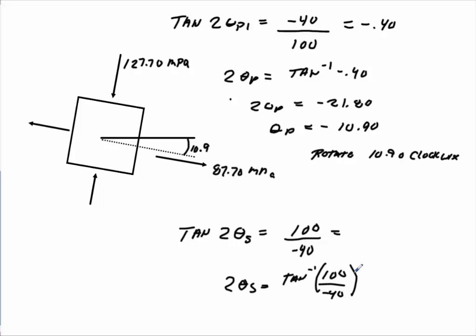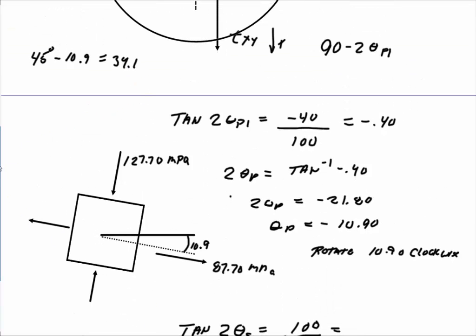So when we take 100 divided by negative 40, we hit inverse tangent of that, and we will get an angle of 2 theta shear equal to negative 68.20. We divide that by 2, so we know our shear in this case would equal negative 34.1. Okay, which you got exactly the same thing up there.